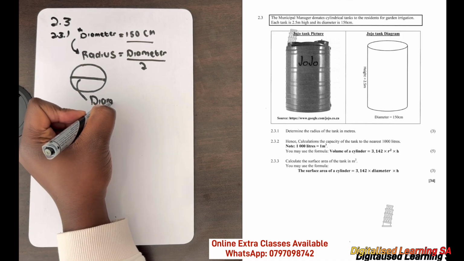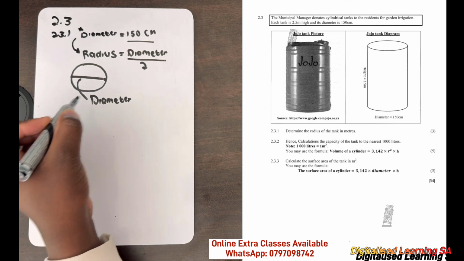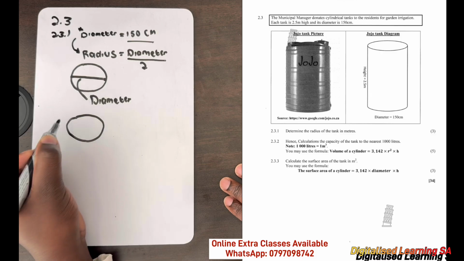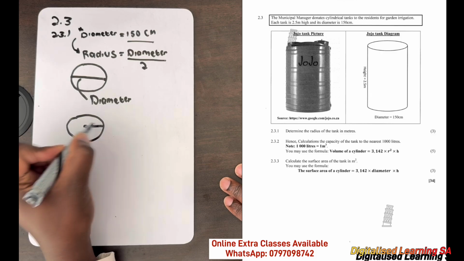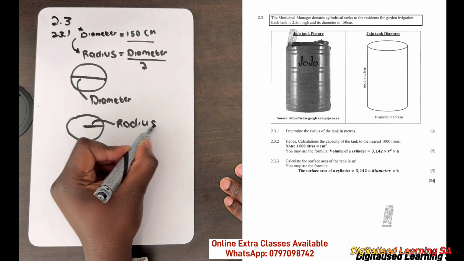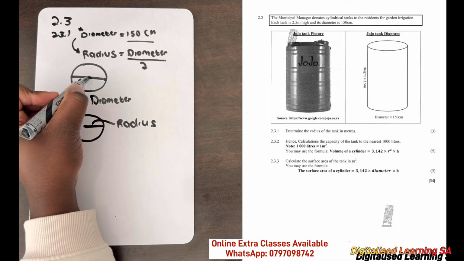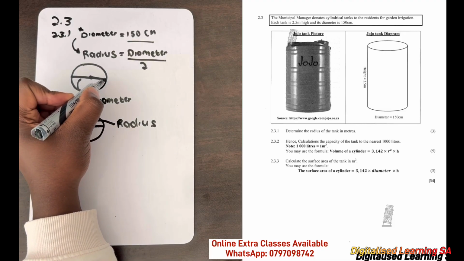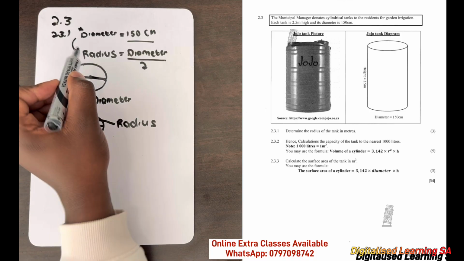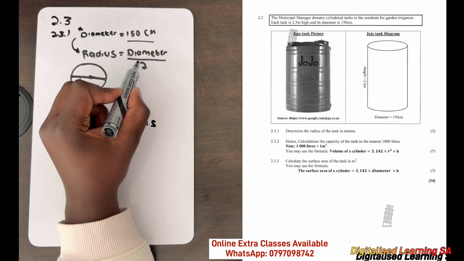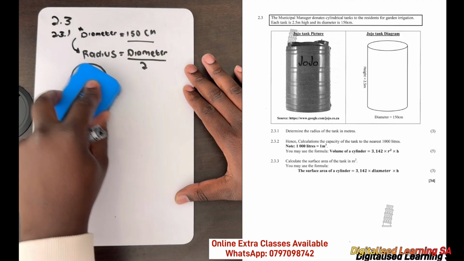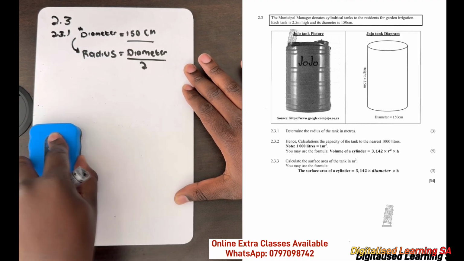Then if we have the same circle again, any line from the center to an edge is our radius. That's why to get our radius, we have to divide our diameter by 2. I hope that makes sense.